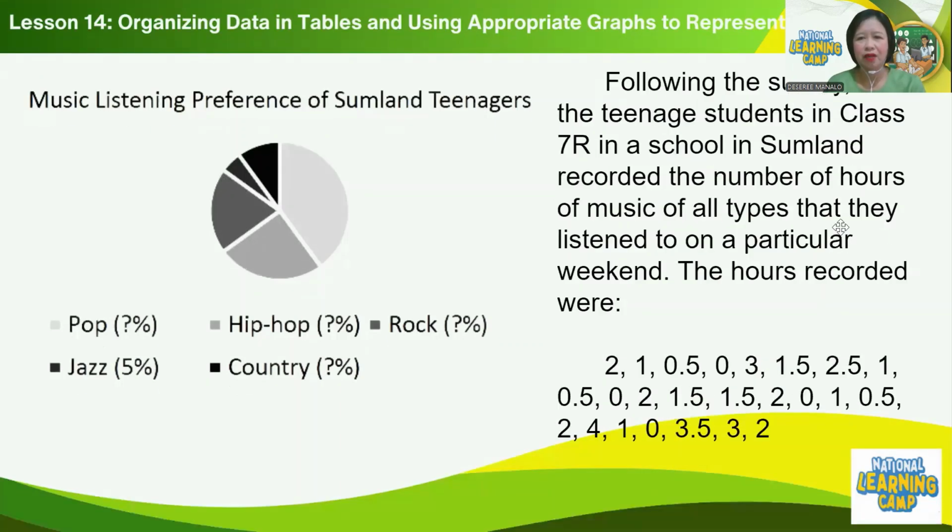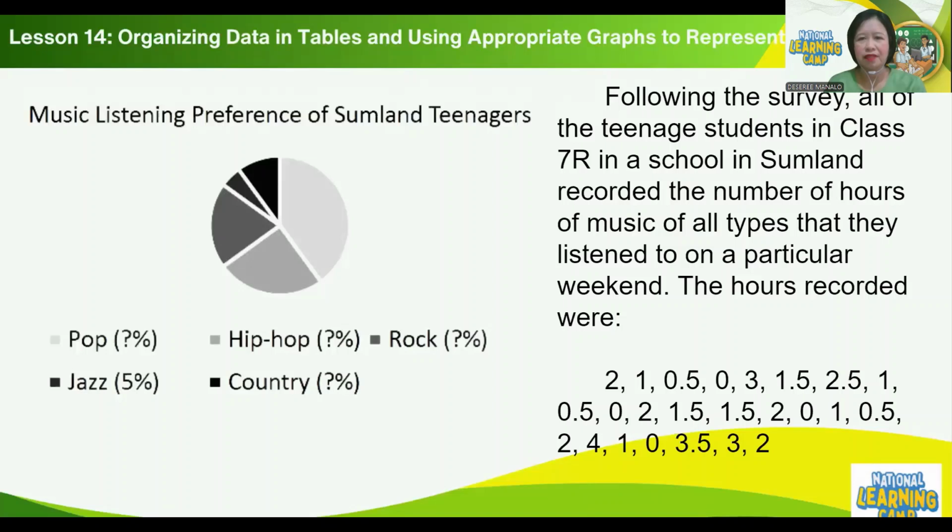Following the survey, all of the teenage students in class 7R in a school in Sumland recorded the number of hours of music of all types that they listened to on a particular weekend.